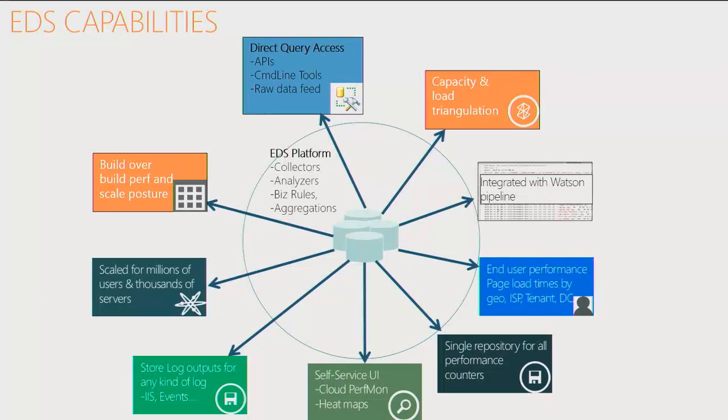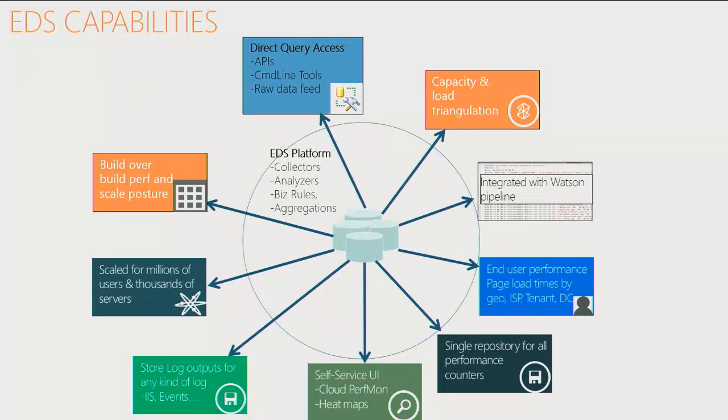As I said before, it can store and output any kind of data. It doesn't matter. Logs don't need to be transformed by the component teams. The analyzers are able to take care of that. The other thing is it's scaled for millions of users and thousands of servers. So as we add more and more capacity into our data centers, we don't have to touch this piece of our fabric.